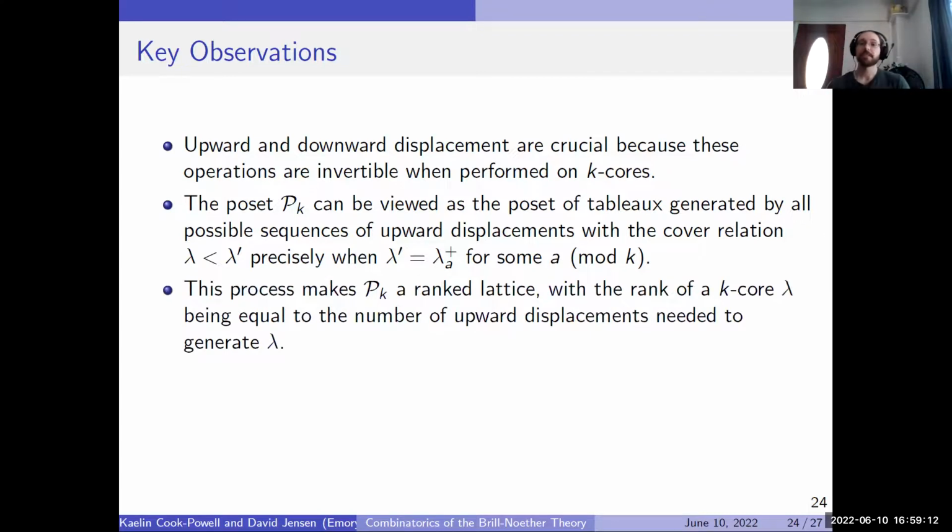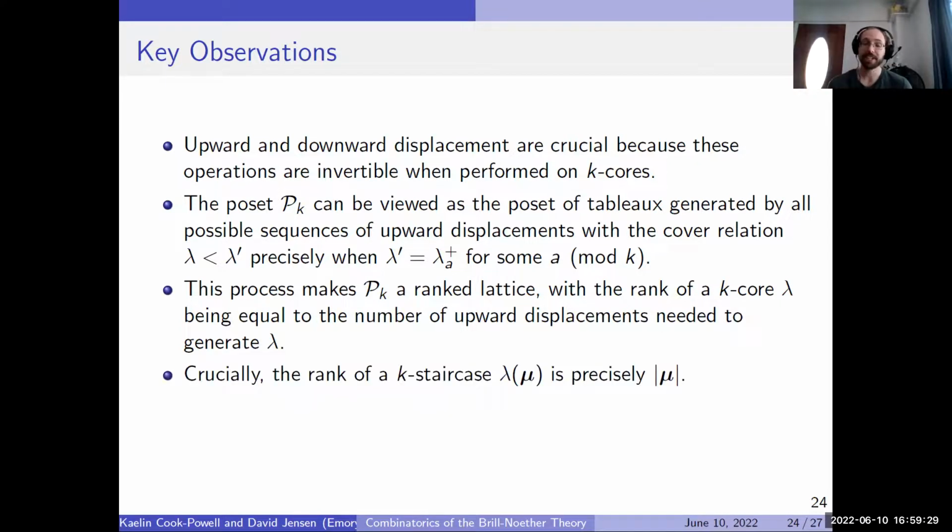This is what gives it the property of being a ranked lattice. The rank is just the number of upward displacements needed to generate a particular partition. And as mentioned before, the rank of a k-staircase is precisely the magnitude.